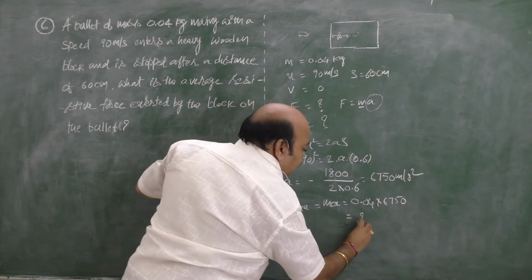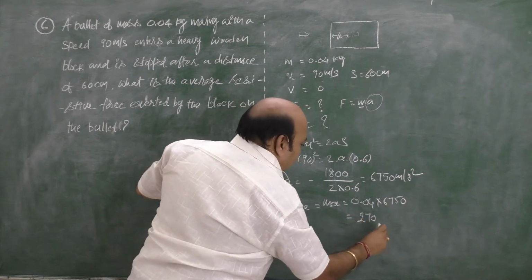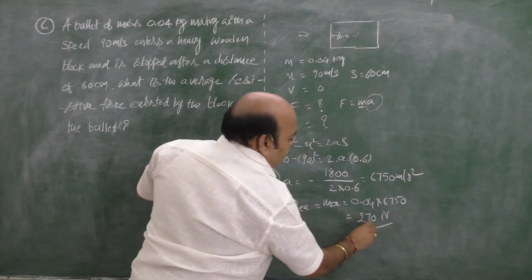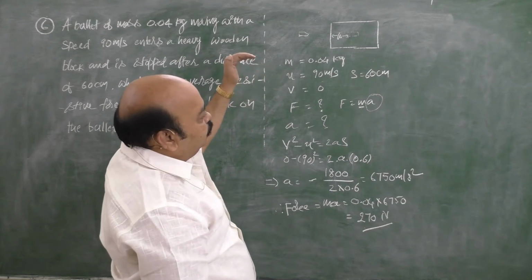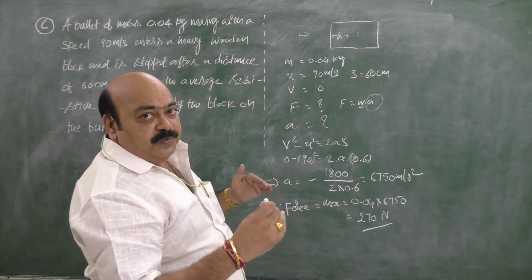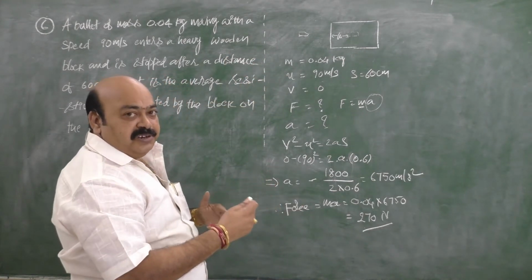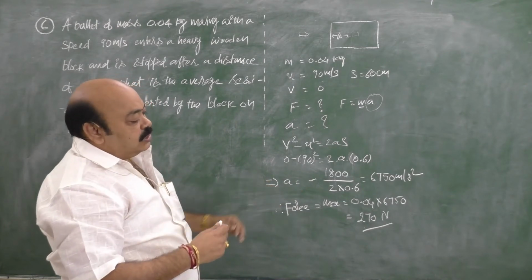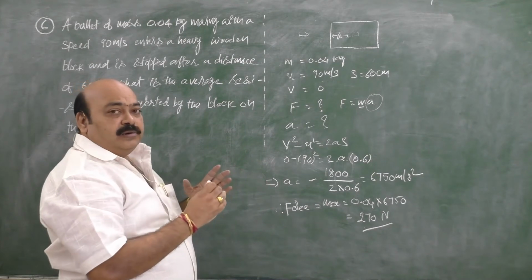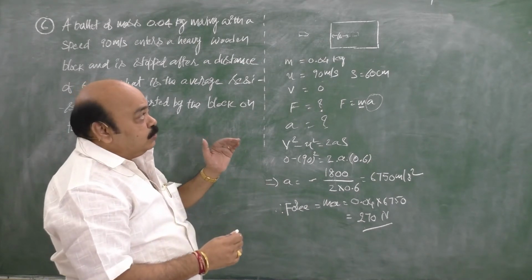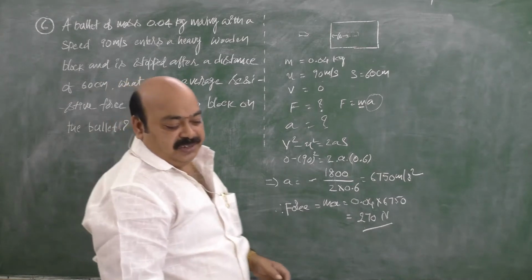On calculation, it is nothing but 270 Newton. The negative sign indicates that it shows resistance to the motion of this body. That means this force will act in the opposite direction. So 270 Newton force acts on the bullet in order to stop it after piercing through the given distance.